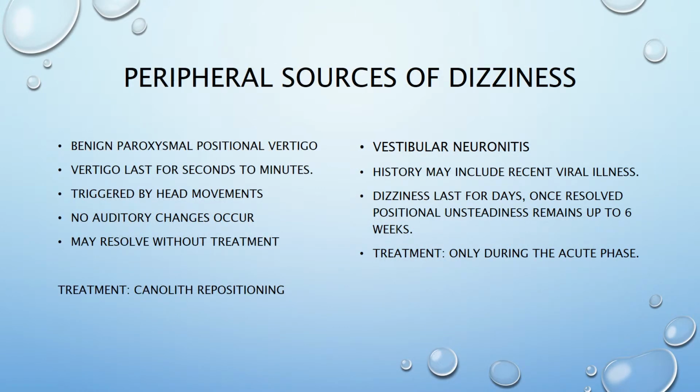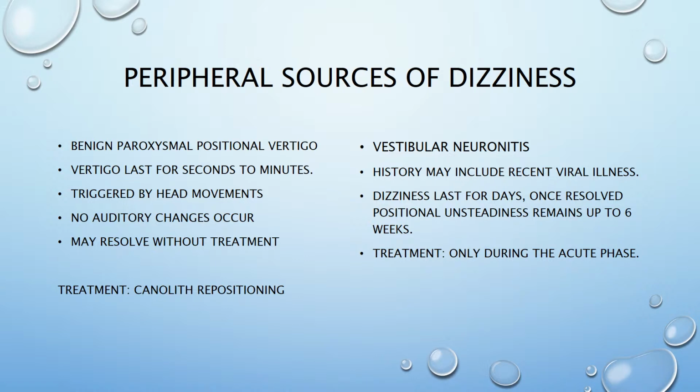In this particular slide, I review peripheral sources of dizziness, which include benign paroxysmal positional vertigo, vestibular neuritis, and on the next slide, Meniere's disease and perilymphatic fistula. I'd like to point out under benign paroxysmal positional vertigo, treatment option includes canalith repositioning.